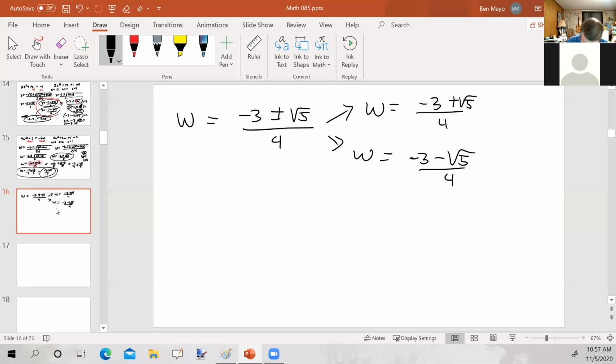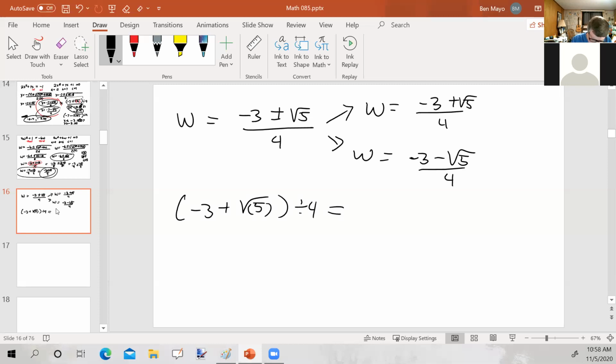And then we're going to do an approximation. So for the top one, I'm going to have parentheses -3 plus the square root of 5, close parentheses, divided by 4.